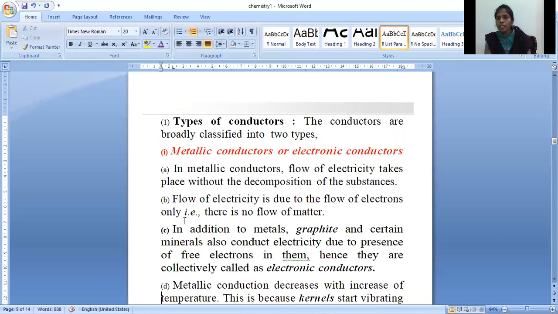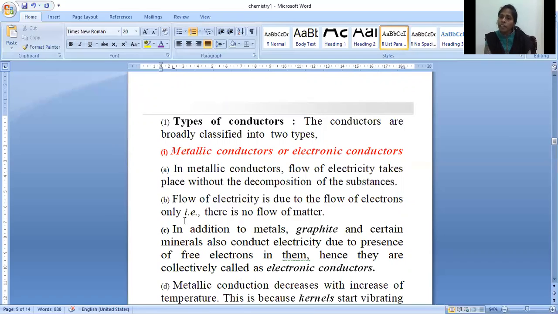We know that conductors exhibit conductance due to the mobility of mobile charge carriers. Already we know what the mobile charge carriers are: electrons and ions.